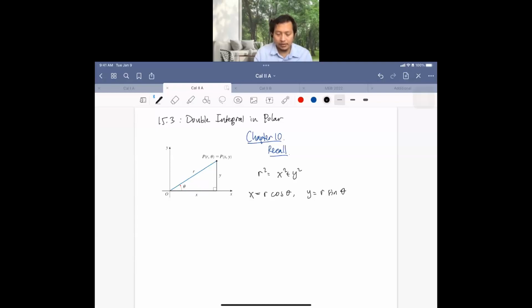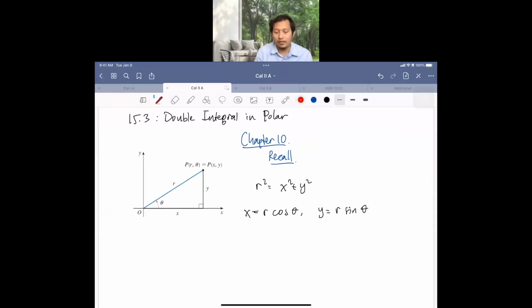So now the question is, if we are able to convert from xy to polar coordinates r theta, can we also convert the double integral like we did before into polar, and what kind of formula do we have in polar?